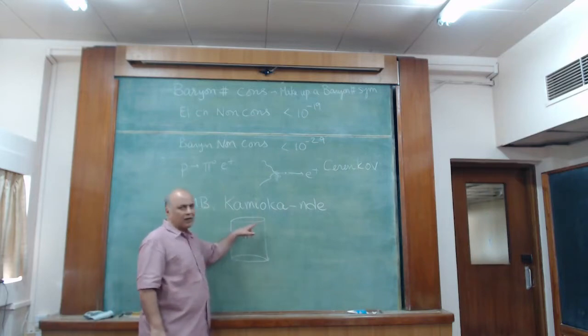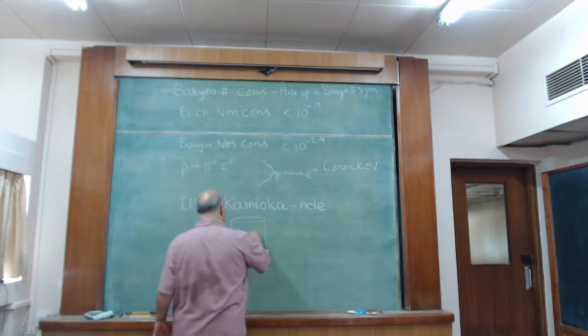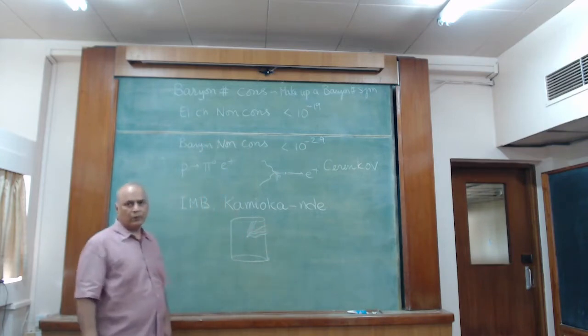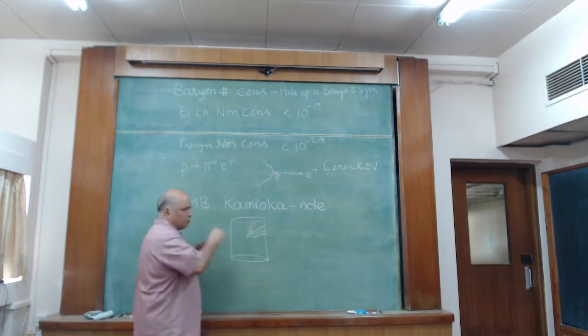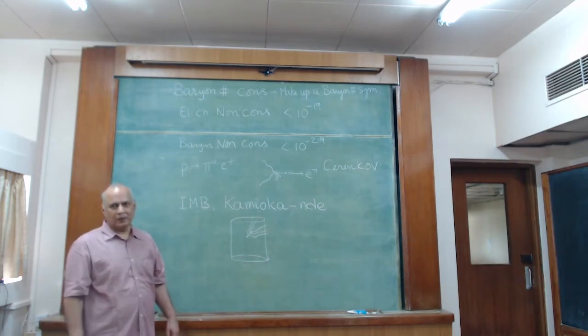But it is traveling with speed greater than the speed of light in water. So as long as it is traveling, it is emitting Cherenkov light. And at this spot, its speed becomes below the speed of light in water, so it stops emitting Cherenkov light.